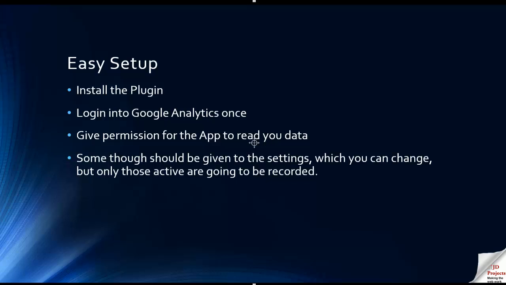We'll go through some of the things it can track to give you an idea of what may be recorded. But if you do change the settings on this plugin, then you must realize that it will only record the data that you've asked it to record. If you change the settings, then those settings will be what's recorded from that point onwards.